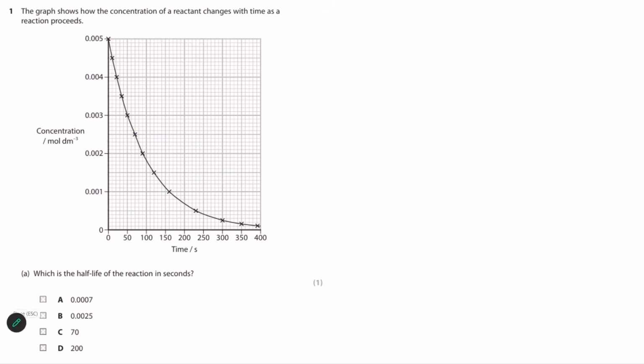Let's use that to answer part B. Which graph shows how the rate changes with the reactant concentration for this reaction? We know the rate law when the reaction is first order: rate equals rate constant times concentration of reactant to the power 1.